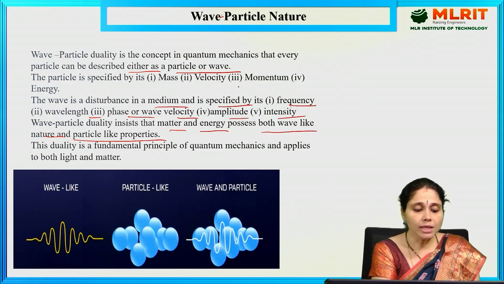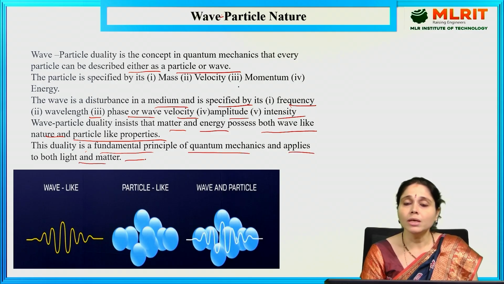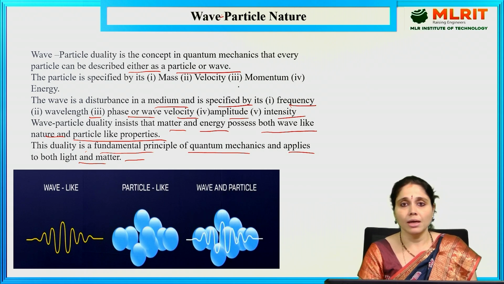This duality is the fundamental principle of quantum mechanics and applies to both light and matter. Light means the energy that we can see, or the energy that is generated in the form of waves. And what is matter? Let us see about matter in the next slides.